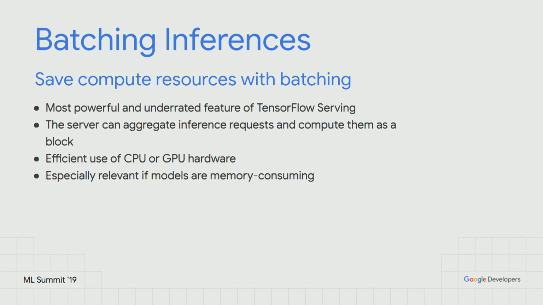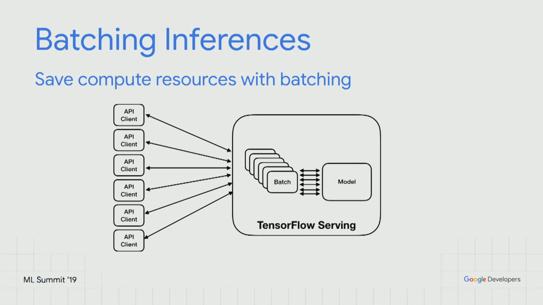That way we can use our precious hardware more efficiently. So let me show you how easy it is to do that with TensorFlow Serving. In this case, you get a bunch of requests. Instead of inferring them one by one, you either wait for a limited amount of time, or once your batch is full, you infer. And then you send it back to the clients.